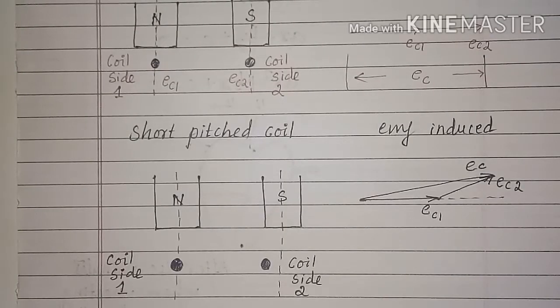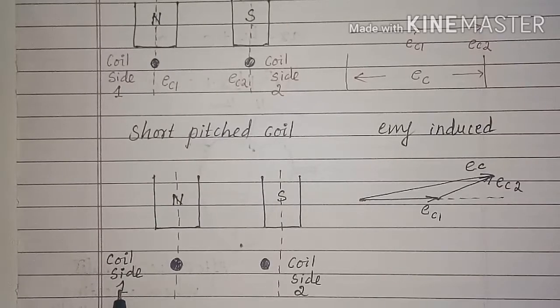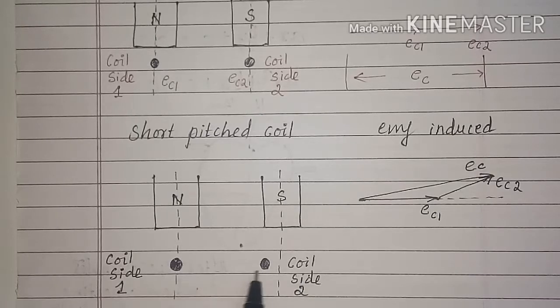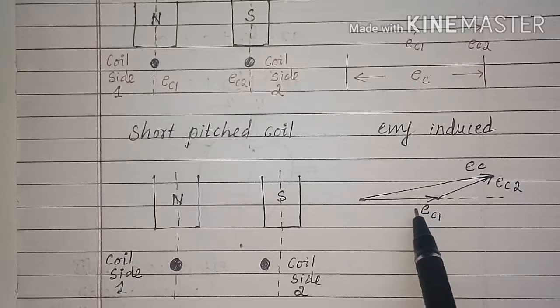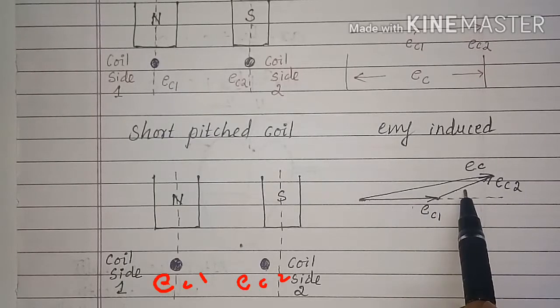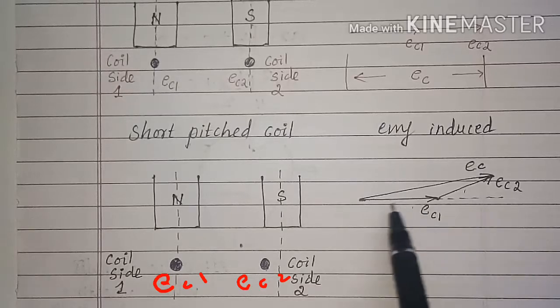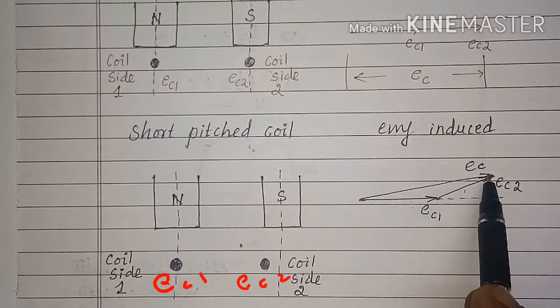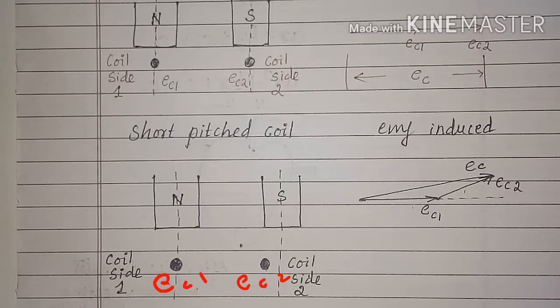So here we can see coil side 1 and coil side 2 not placed at same position under two poles N and S. Therefore, the EMFs induced in these two coil sides are out of phase and the total EMF induced in the coil is phasor sum of EMFs induced in each coil side.